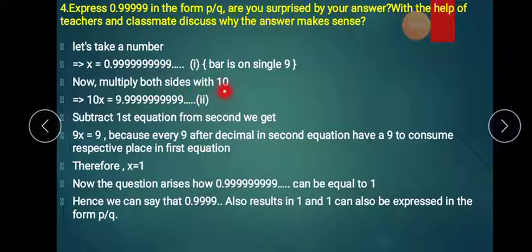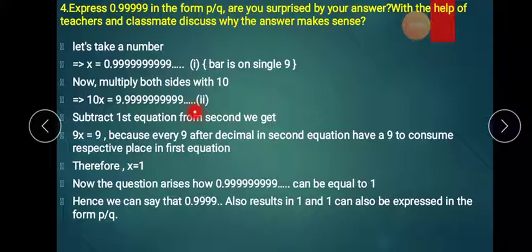As we are multiplying by 10, the decimal point will shift one place to the right. Let us take this as equation number 2 and the first one as equation number 1.